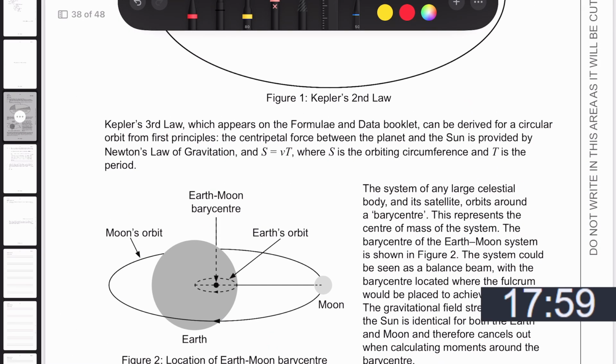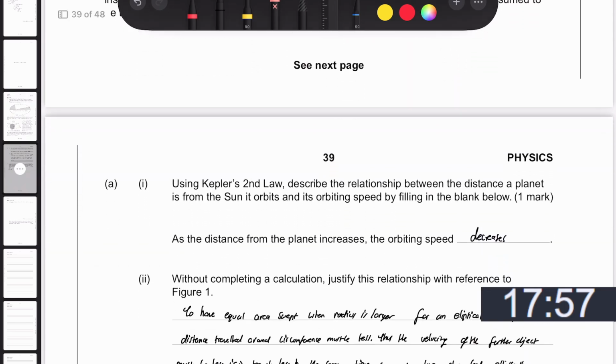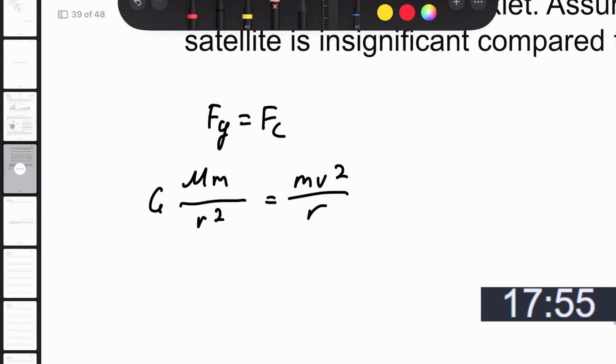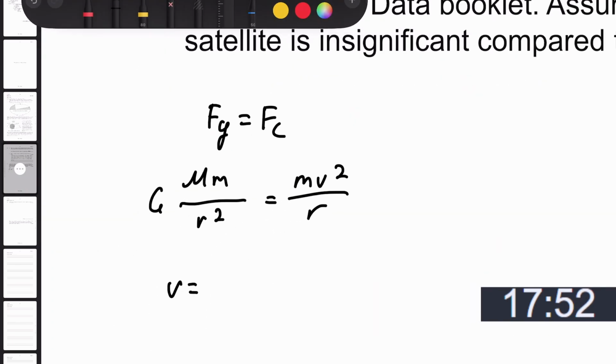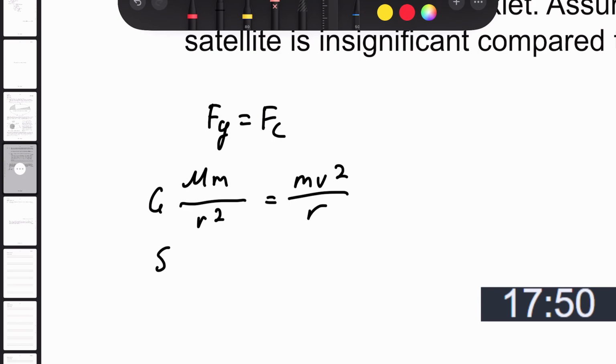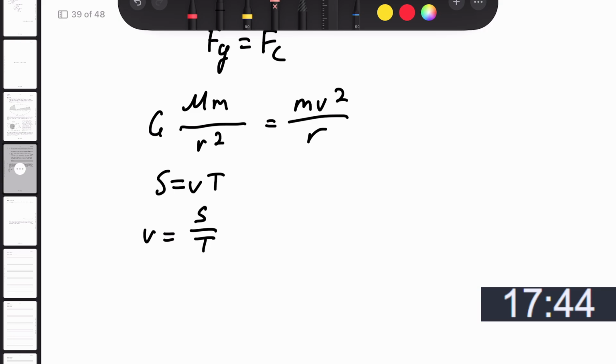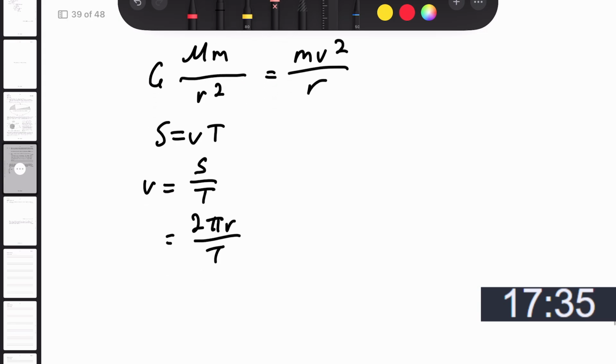S is the orbiting circumference, and T is the period. So V is equal to S on T, which is equal to 2 pi R on T. Is that what they want? I think that's what they want.